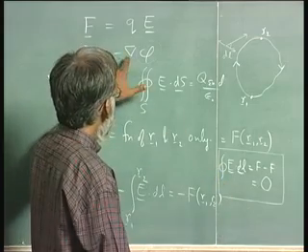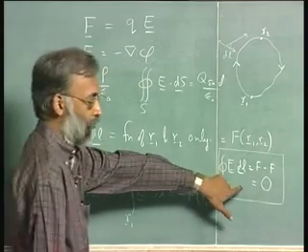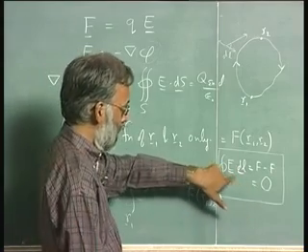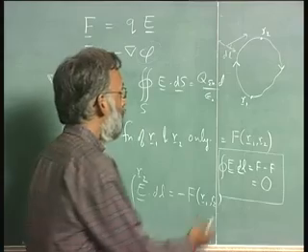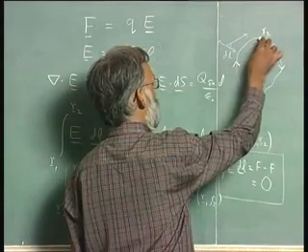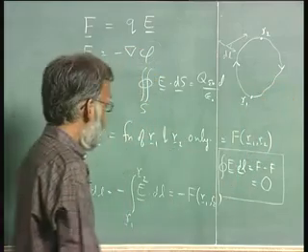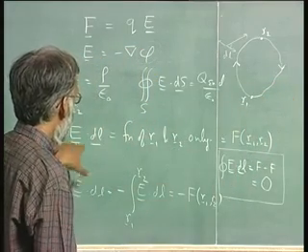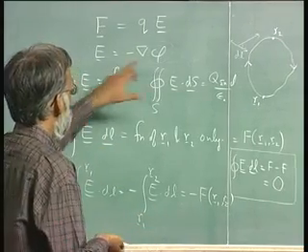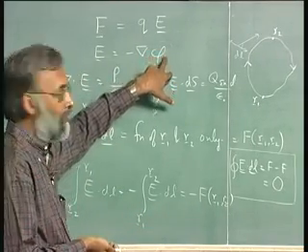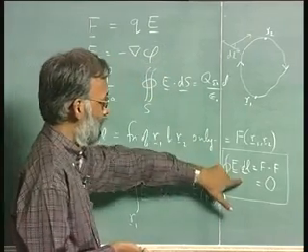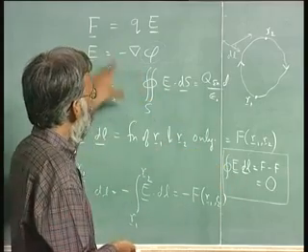It is clear that if this is true, then this is true, but equally true is the other way around, because if this is not 0, then I can find a loop where this is not 0, I take 2 points on it, then this integral is not equal to this integral, which in turn means E dot dl from r1 to r2 is dependent on how I got there, which means I cannot define E equals minus gradient of potential. So these two statements are saying the same thing.